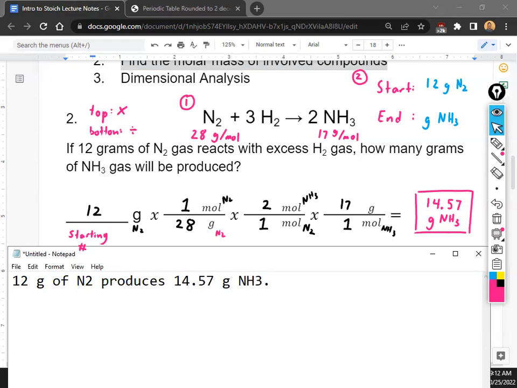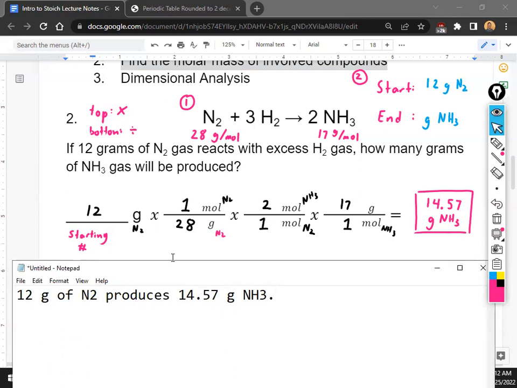And then you are done. This is what you have to give me for your final answer. You can write the term produces, you can write makes. As long as you write to me the starting number makes whatever your final answer was. And now we are done.